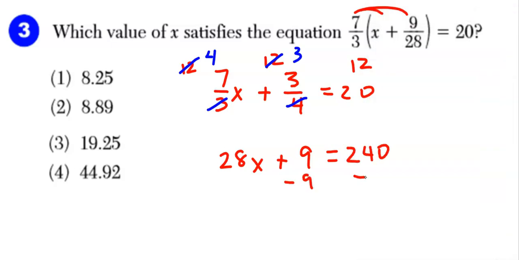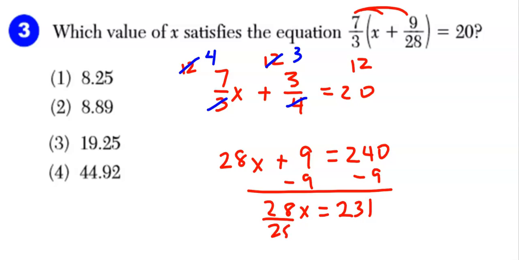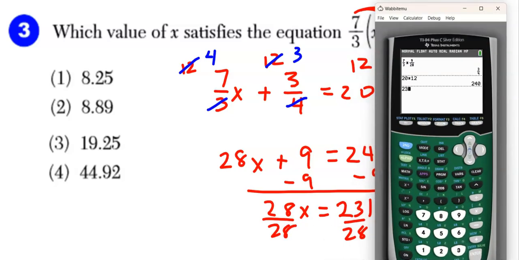I'm going to subtract 9. 28x equals 231. Divide by 28. So I'm going to get 231 divided by 28, and 8.25. So number 1 is the right solution.